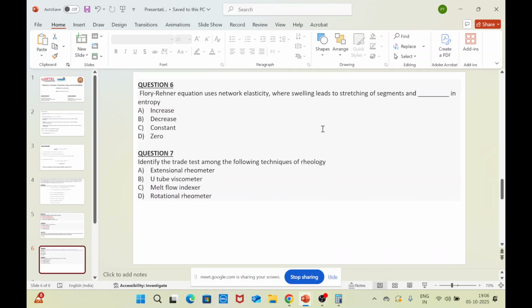Let's go to this. The Flory-Rehner equation uses network elasticity, where swelling leads to stretching of segments and dash in entropy. Increase, decrease, constant, or zero. Again, if you just see the sentence, you can come up with the answer.